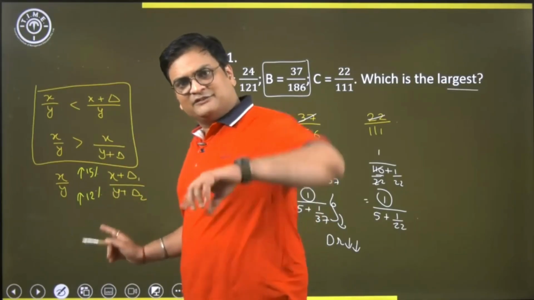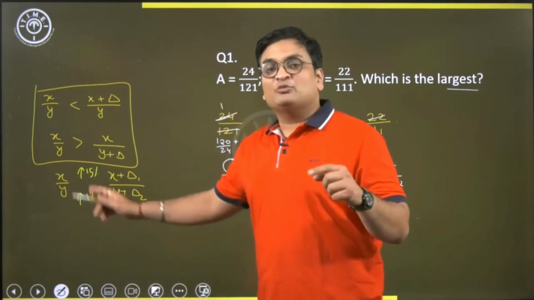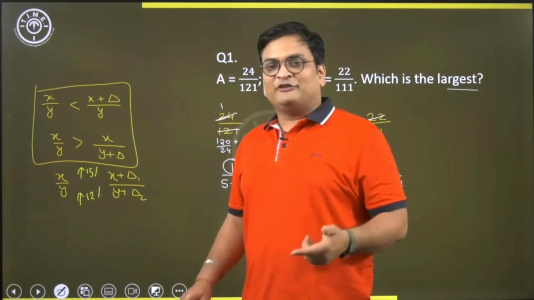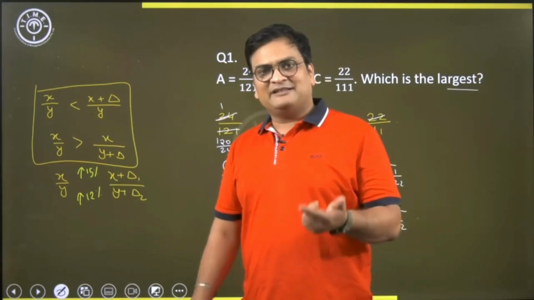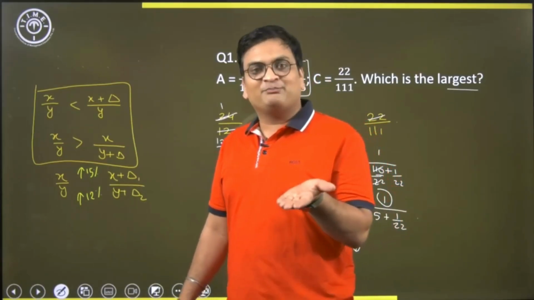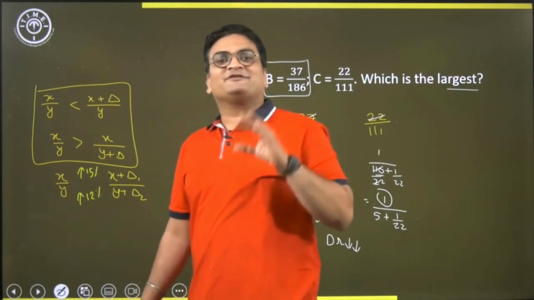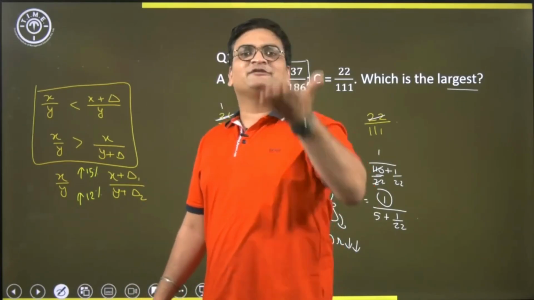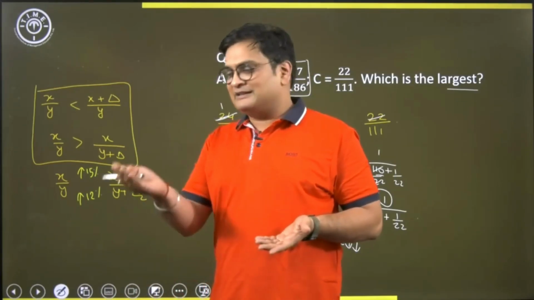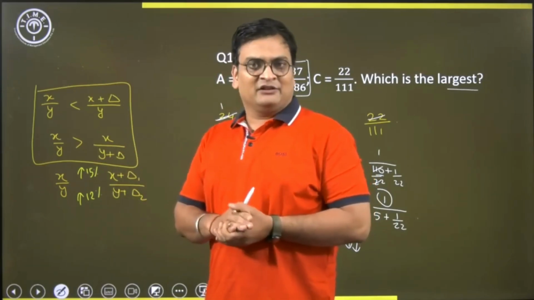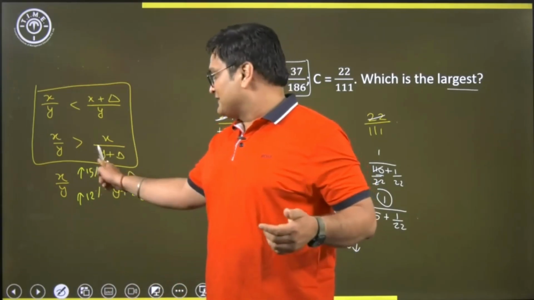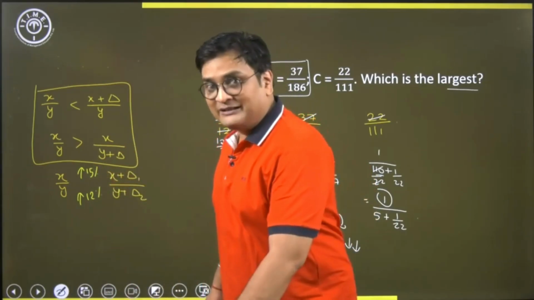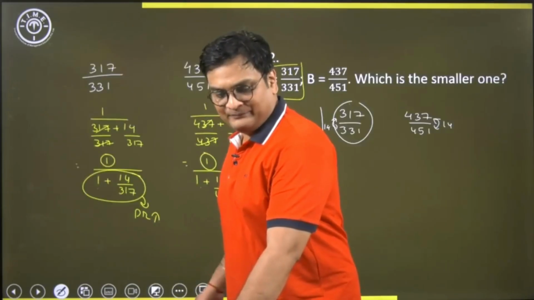Both delta 1, delta 2 are positive, but numerator is increasing faster. So if numerator increases faster, can we say the fractional value should be pushed up? Because the nature of the numerator is it will increase the value of the fraction. Nature of the denominator is it will decrease the value of the fraction. So whenever numerator increases at a faster rate, can I say the fractional value should increase naturally, right?